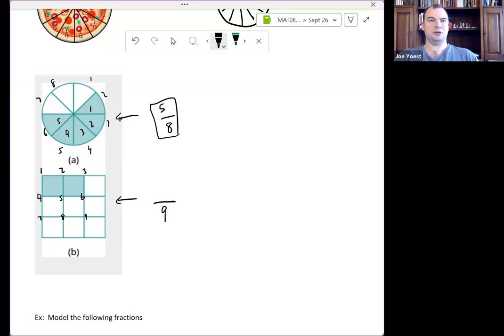So this is split into ninths, as we would say. And I have 1, 2 of those that are shaded in. So the shaded portion represents 2/9 of the entire square or rectangle of this entire figure.